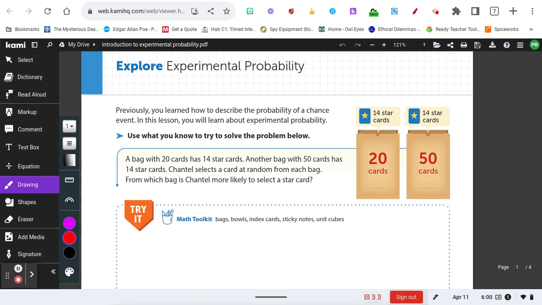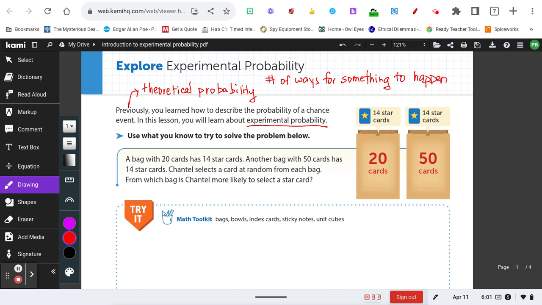So previously we have been calculating theoretical probability, which is just the number of ways for something to happen out of the total. That's what your homework was on last night.